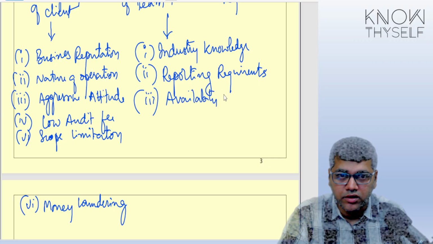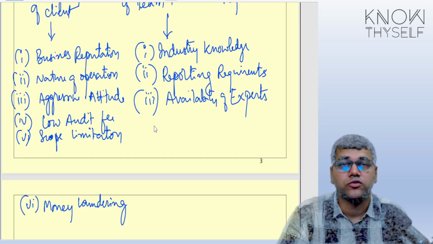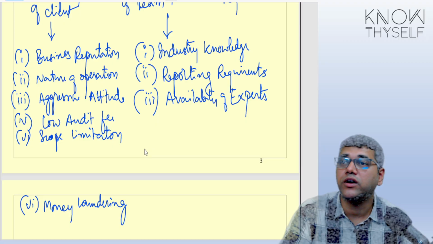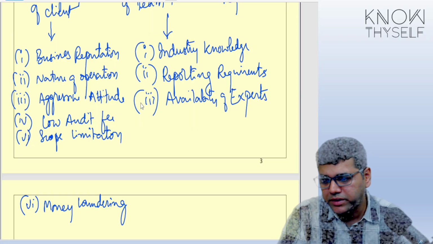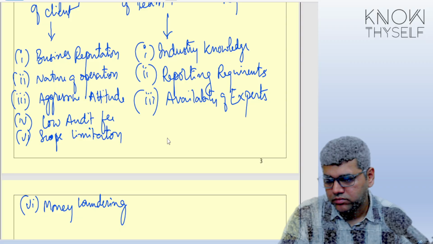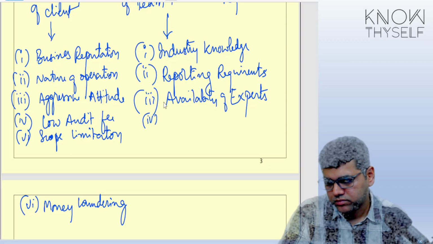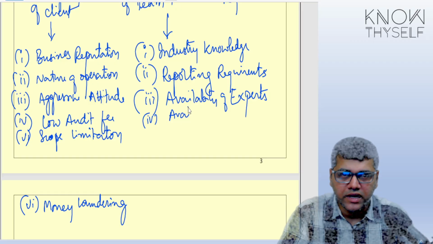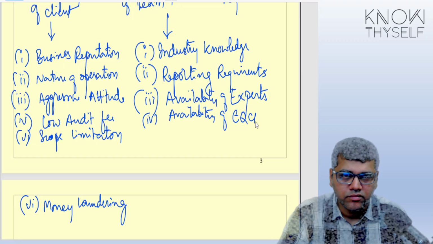Availability of experts. You see, for house-related work, you go and contract some contractor. They say, no, no, we are busy. Why? Some experts are not available. They simply cannot commit. Availability of EQCR.